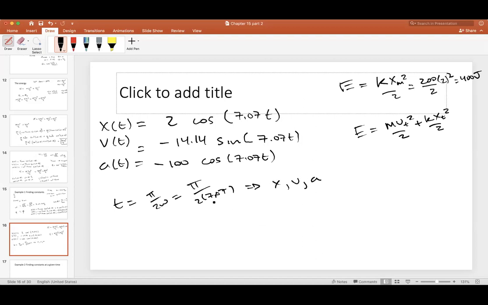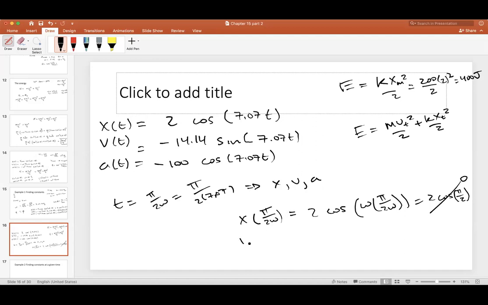And I wrote it this way for a reason. x of pi over 2 omega, I can easily see that this is 2 times cosine of omega times t, but t is pi over 2 omega. And so this is 2 cos of pi half. That's 0.